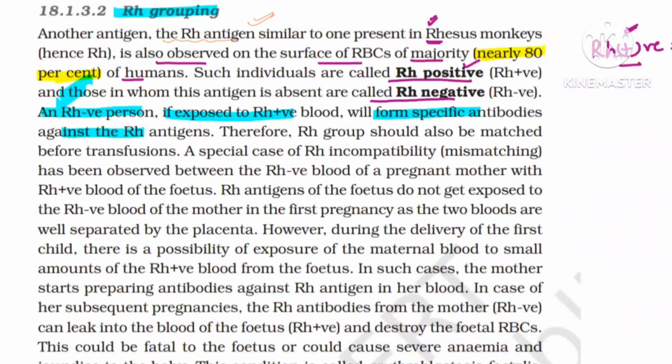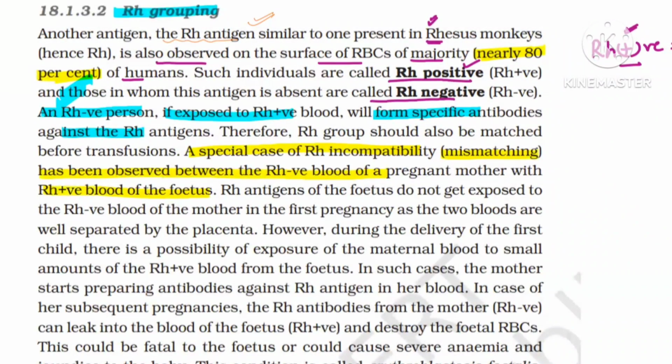A special case of Rh incompatibility is observed between the mother, who is Rh negative, carrying a child who is Rh positive. This mismatching is observed between an Rh negative mother and an Rh positive fetus. Now, understand very slowly.